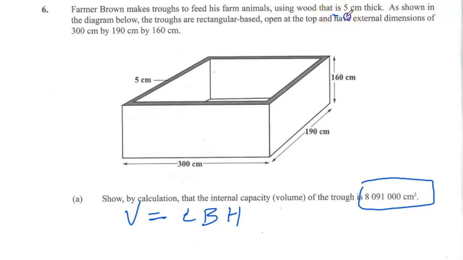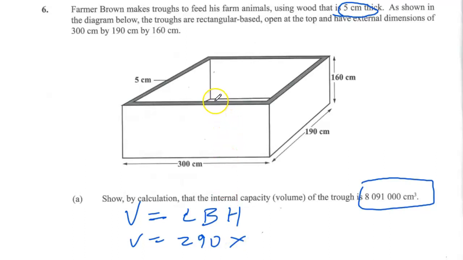That's very important. I talk about the internal capacity. Inside, notice this 300 here. This distance from here to here internally would be this 300, you would subtract 10 and be left with 290.